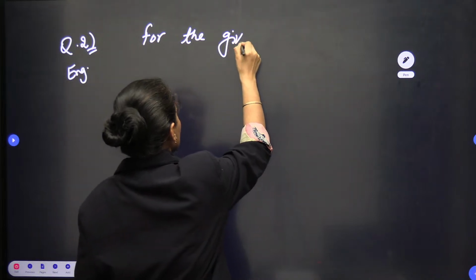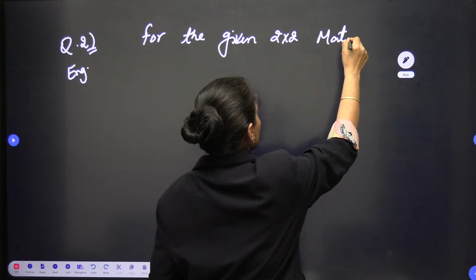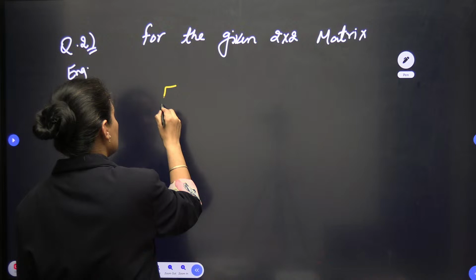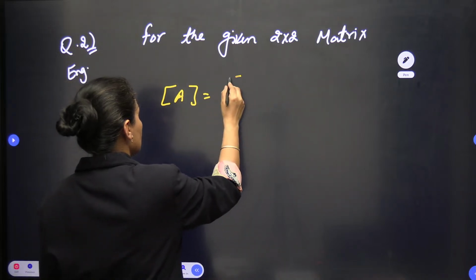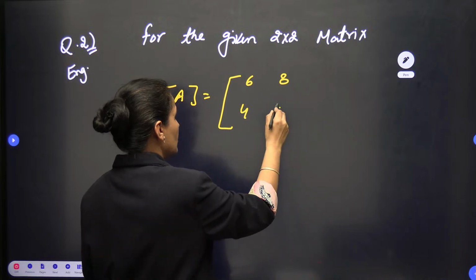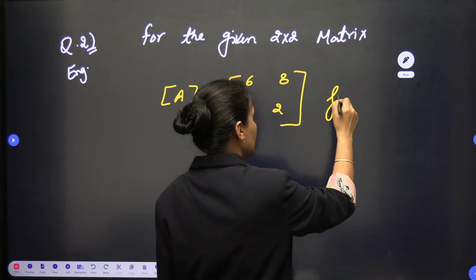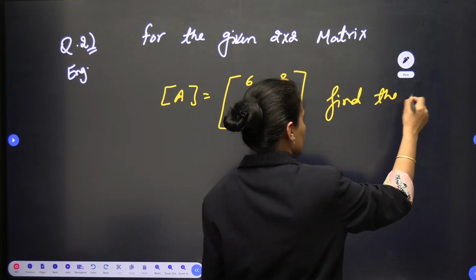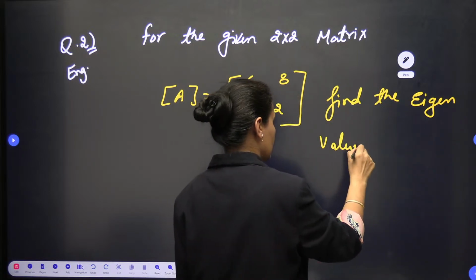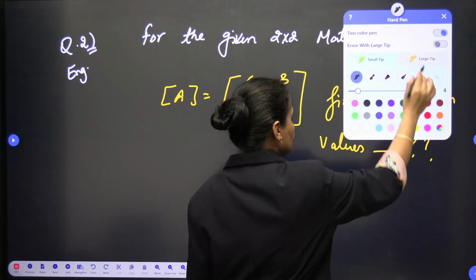The matrix A is given to us, which is 6, 8, 4 and 2. It's asking to find the eigenvalues. How can we solve it?